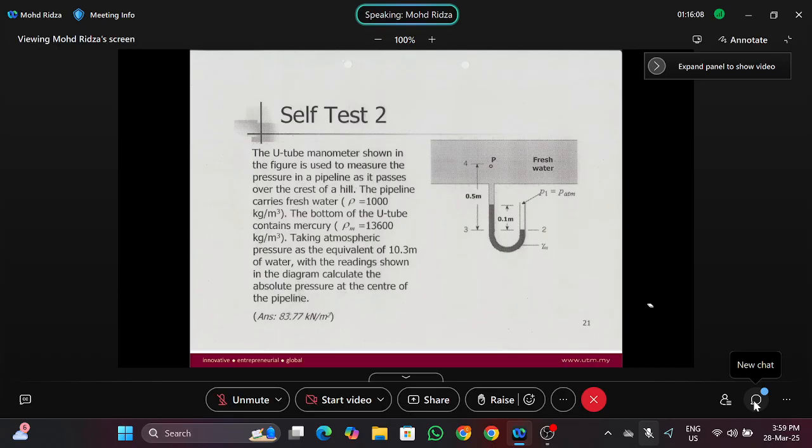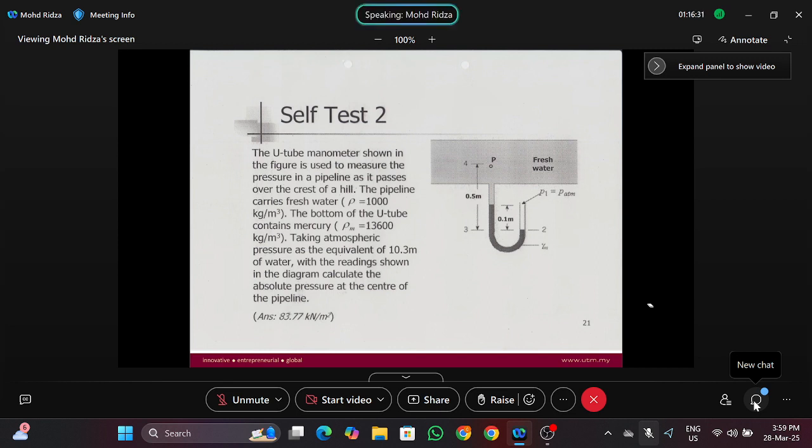Please try to draw it on a piece of paper, and then you can share your solution in the WhatsApp group, or if you want, turn on your camera and show your solution. I will just pick one or two of you to share your solution.